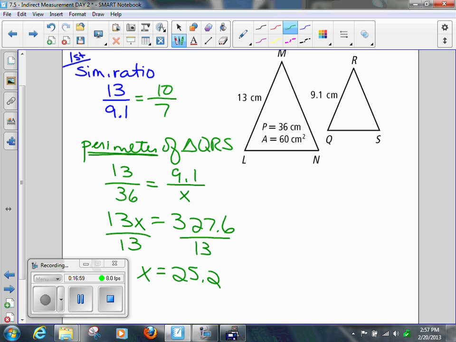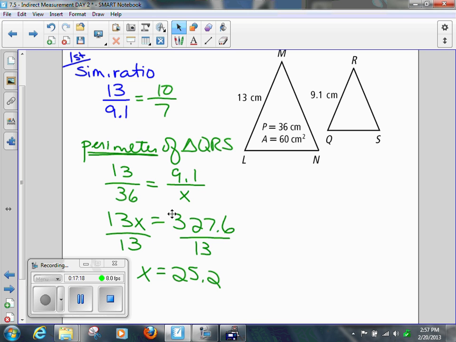How many of you got that? All right, look at the way Justin set it up. He did it with 13 over 9.1 is equal to 36 over x, and you still get 25.2. You can do it either way.